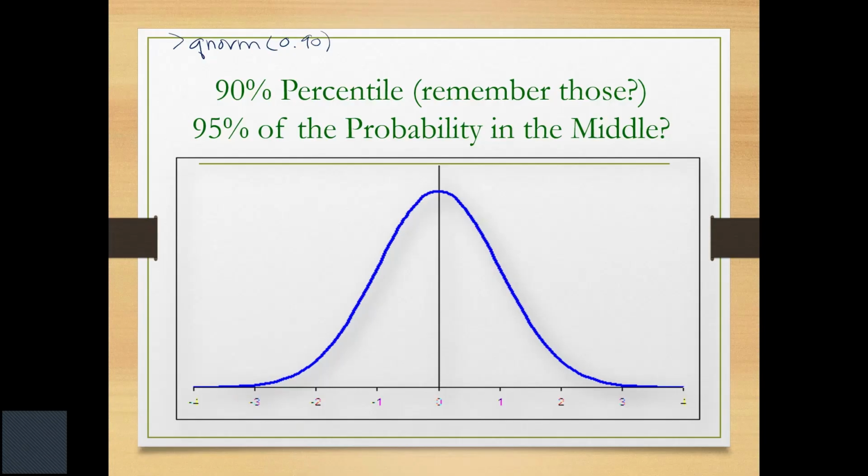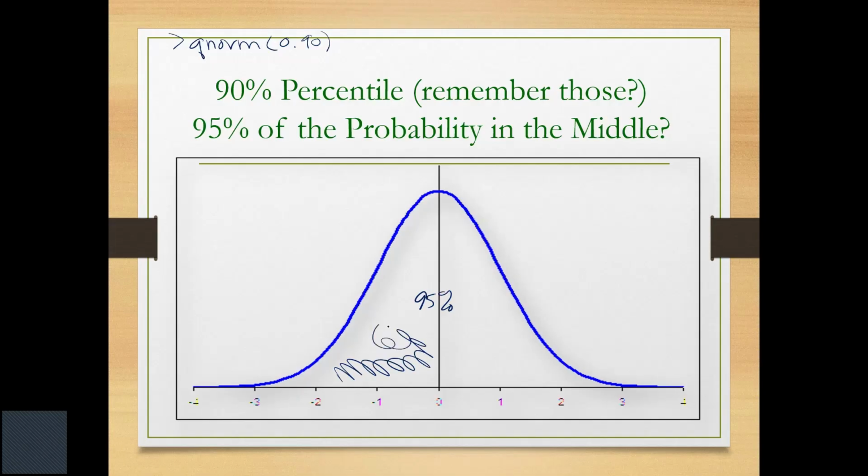But what about 95% of the probability in the middle? Remember when we looked at the empirical rule before, we said that plus or minus 2 standard deviations holds about 95%. But we want to be more exact now than that. So what we're after here is 95% in the middle.